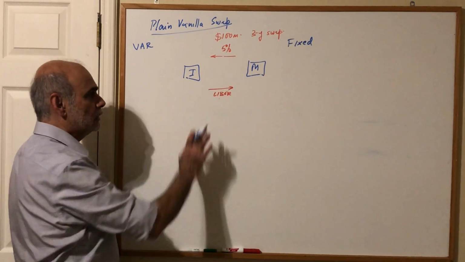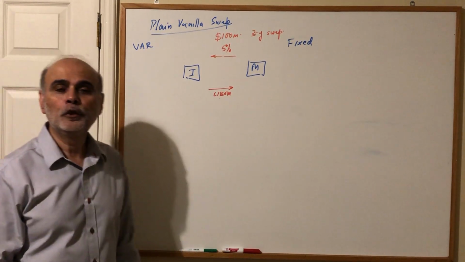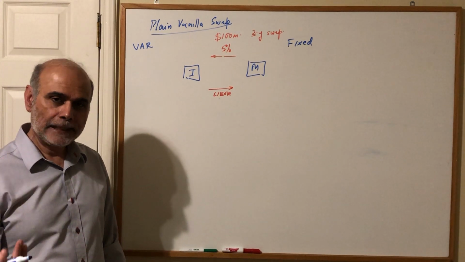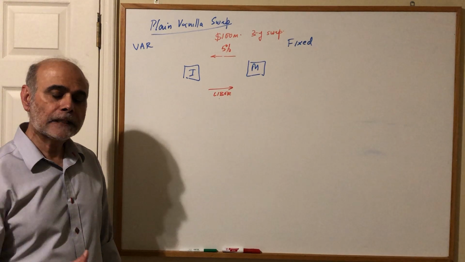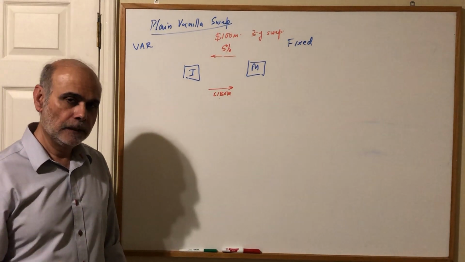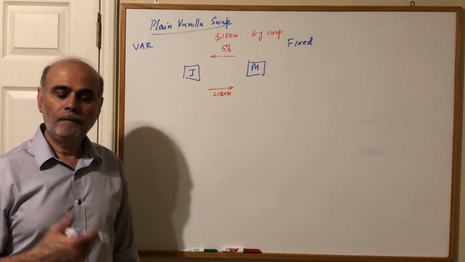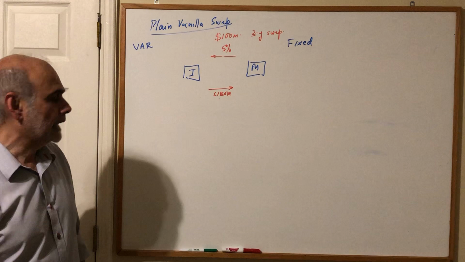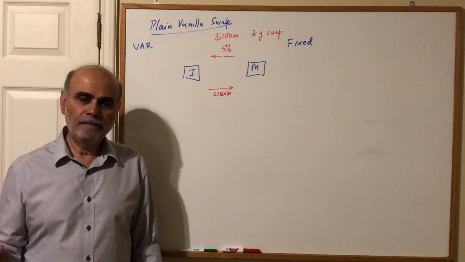Now, each of these will go to the market, to the investment bank, and try and figure out what the investment bank is going to offer or tells them is available in terms of fixed rate financing and variable rate financing. Okay, now the fixed rate financing could be some fixed number.